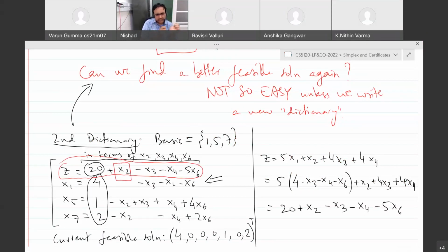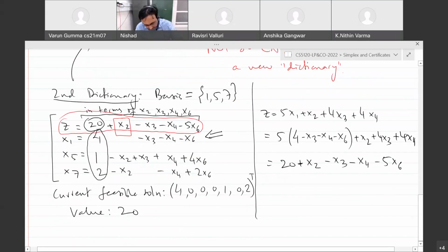Of course, when you increase X2, you may have to adjust some other variables, but we won't change the X3, X4, and X6, right? So it's the same plan as before. Increase X2 while maintaining X3, X4, and X6 at 0.